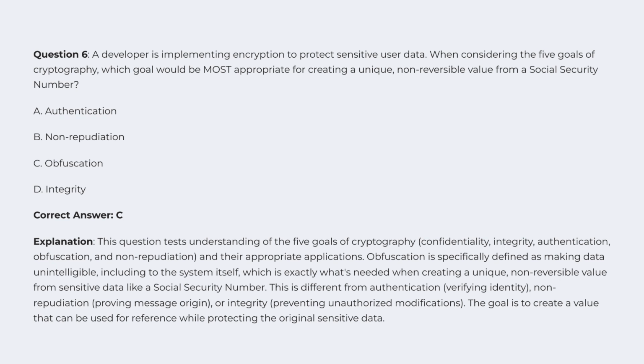Obfuscation is specifically defined as making data unintelligible, including to the system itself, which is exactly what's needed when creating a unique, non-reversible value from sensitive data, like a social security number. This is different from authentication, verifying identity, non-repudiation, proving message origin, or integrity, preventing unauthorized modifications. The goal is to create a value that can be used for reference while protecting the original sensitive data.